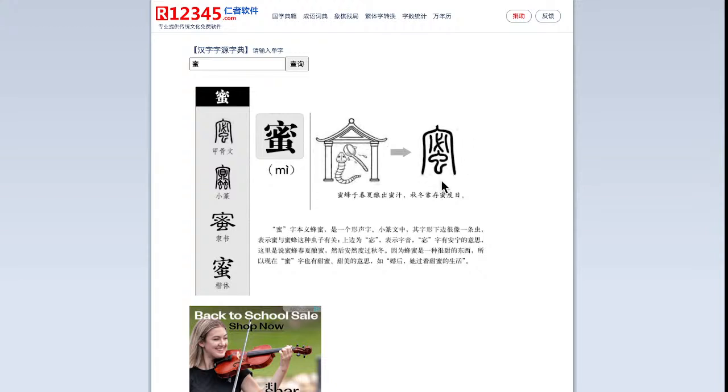So basically, the 虫 part means related to insects, and the upper part is pronounced as "feng", representing the sound.